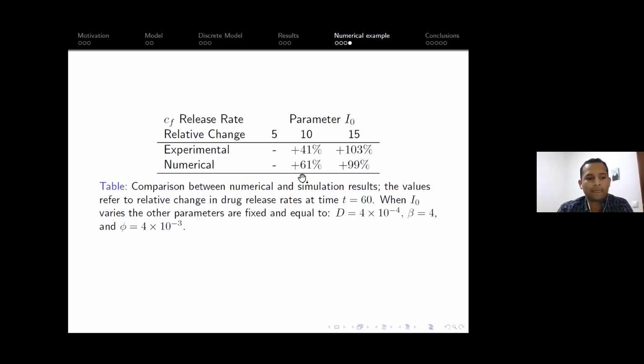As you can see, for the parameter I sub 0 equal to 10, there is a slightly big difference, but for the parameter I sub 0 equal to 15, the method is more accurate.